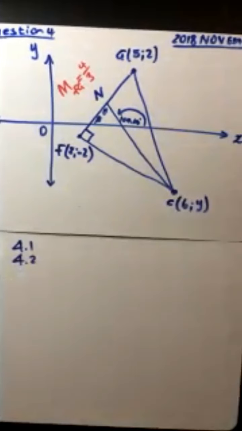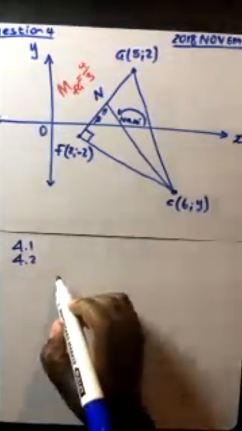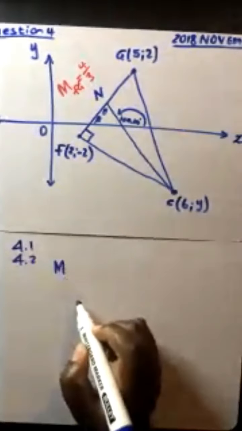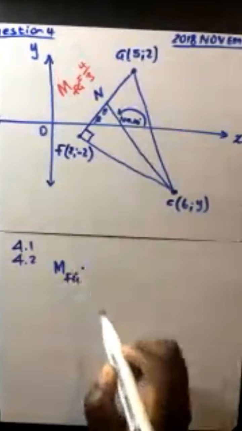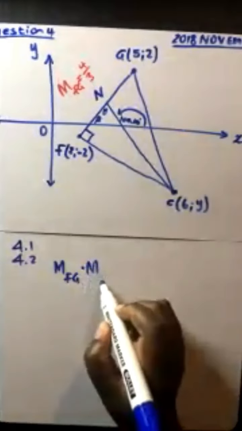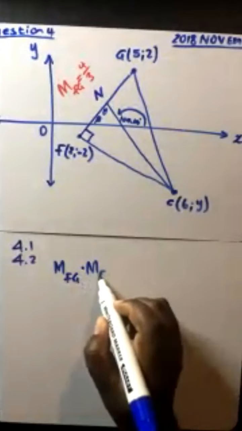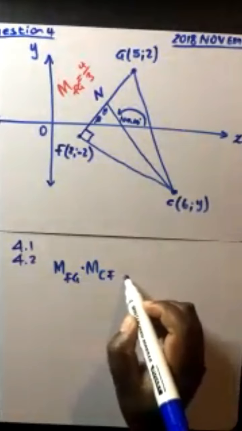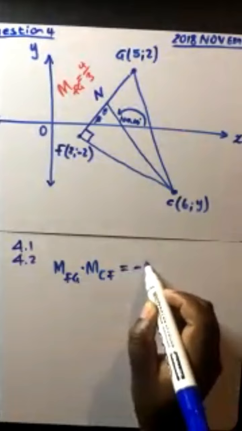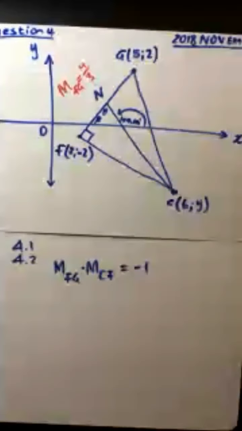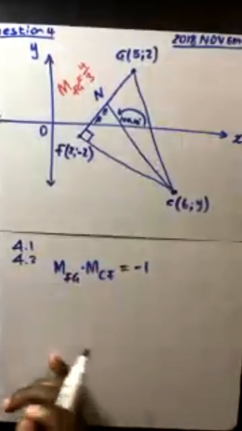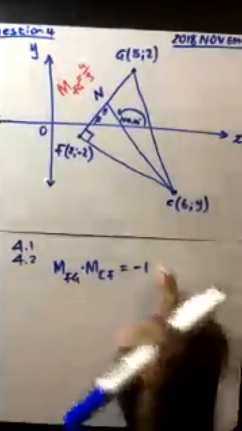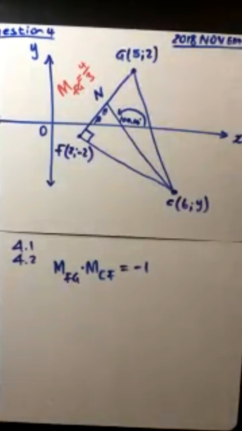So remember, guys, we just said the gradient of FG multiplied by the gradient of CF is equal to -1. If you don't understand this part, just indicate so that I can explain why I'm saying that and also where I got that information.